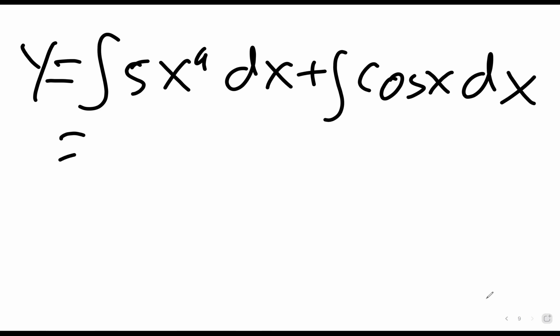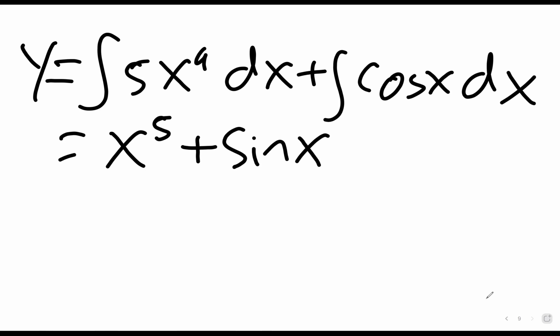The integral of 5x to the power 4 is x to the power 5, because we just add 1 to the power and then divide by the new power. And the antiderivative of cosine of x is sine x, because the derivative of sine x is cosine of x. And do not forget to add the constant.